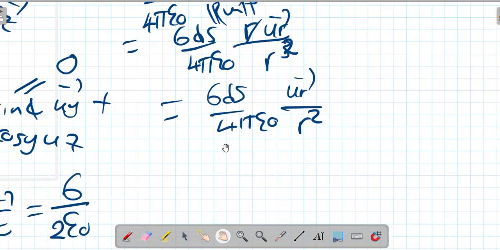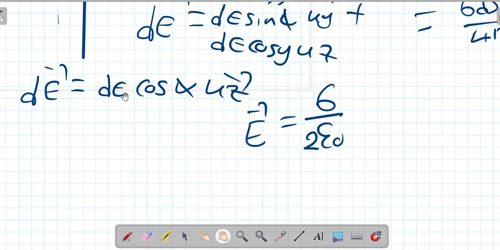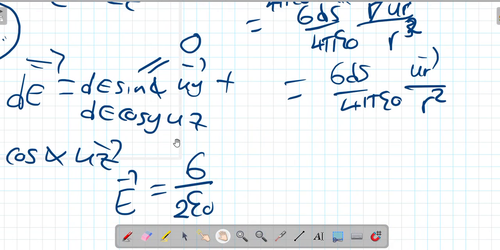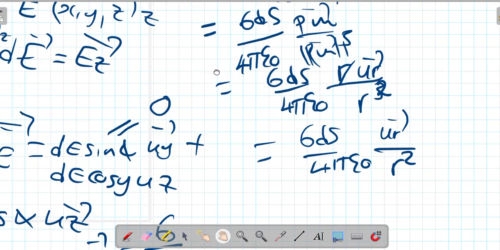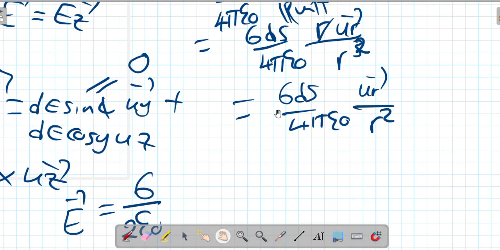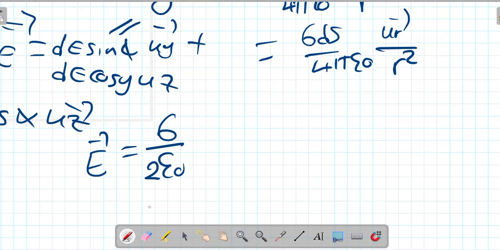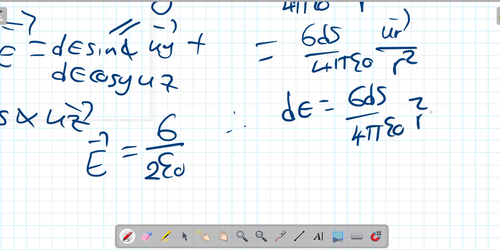All right, you're welcome. So here, what is the magnitude of this vector? Because from our equation, this is cos alpha. So we just found dE as a vector. It has a unit vector, so this is magnitude and direction. This is the magnitude part. Therefore, dE is equal to sigma ds over 4 pi epsilon 0 r squared.